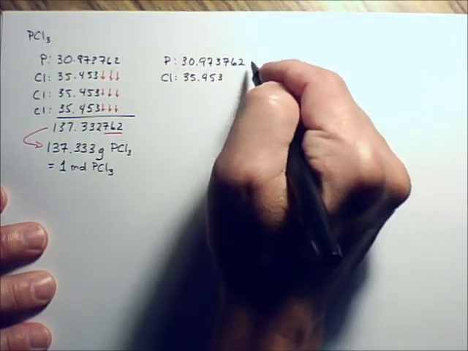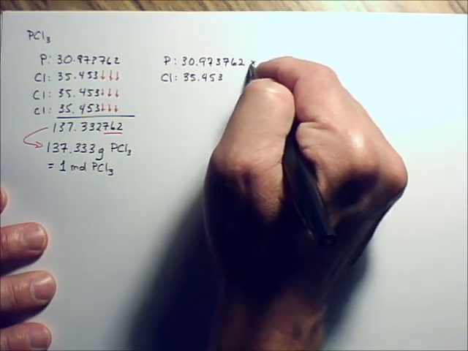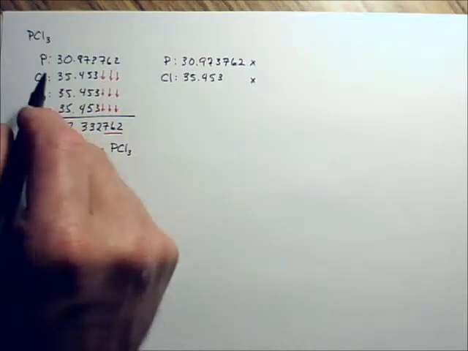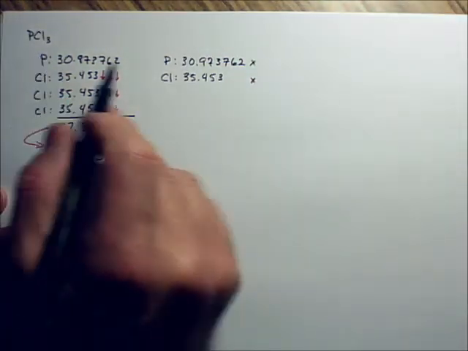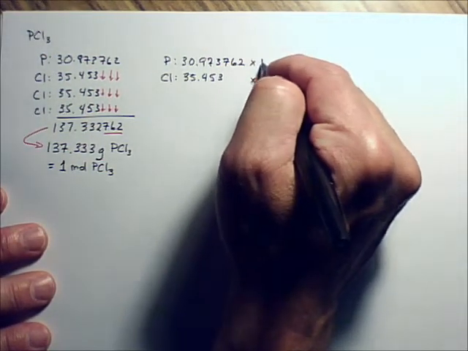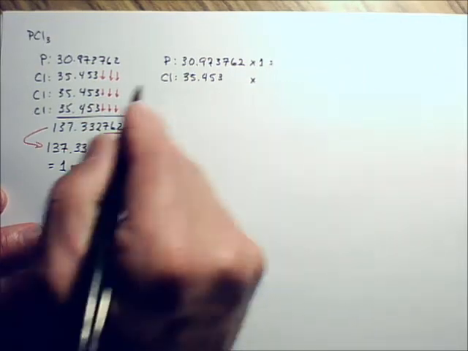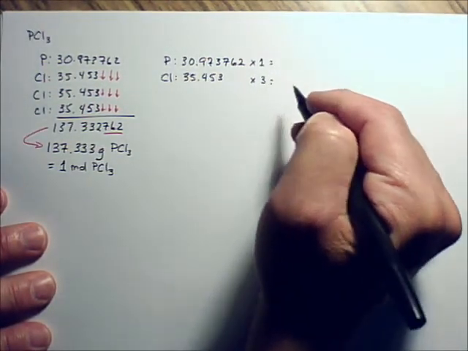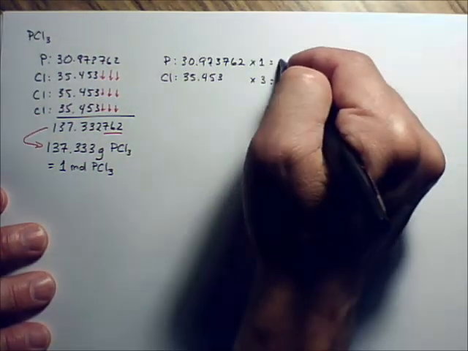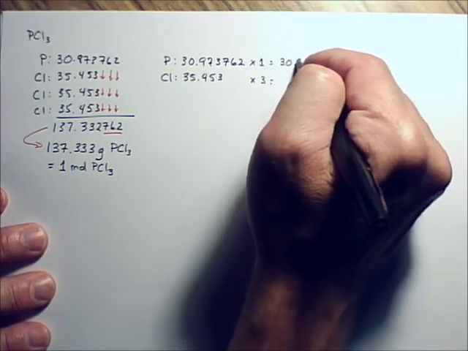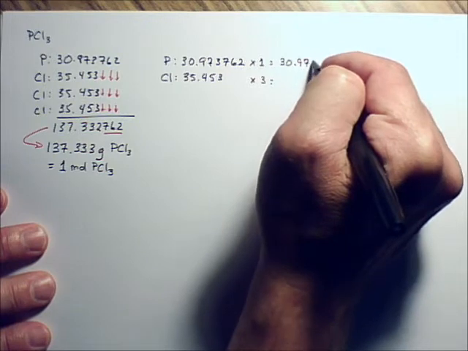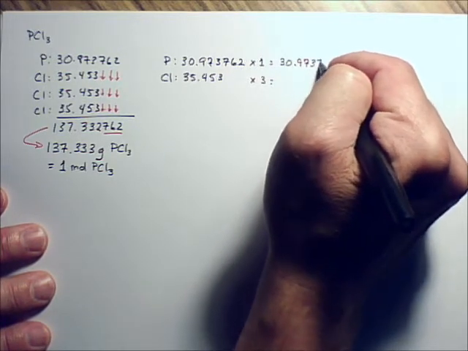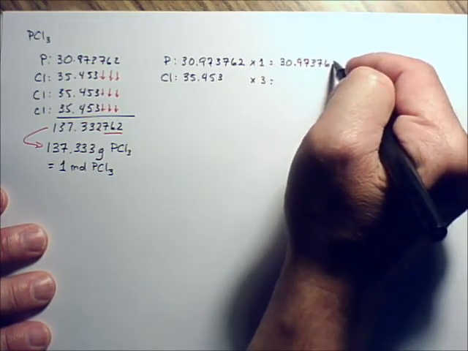All right, here's what we're going to do. We're going to multiply each of these by the number of them in the formula. Since there's only one phosphorus, we're going to multiply this times 1. And since there are 3 chlorines, we're going to multiply that times 3. Why do we have to write something?